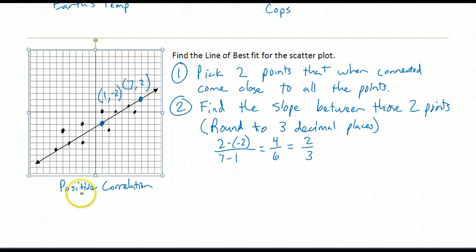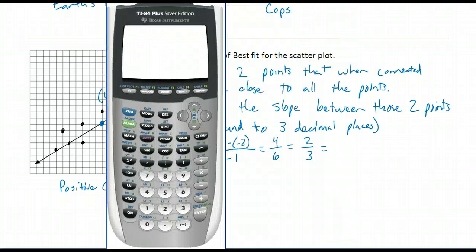Notice that my slope is positive. Rounding 2/3 to 3 decimal places, I get 0.667.